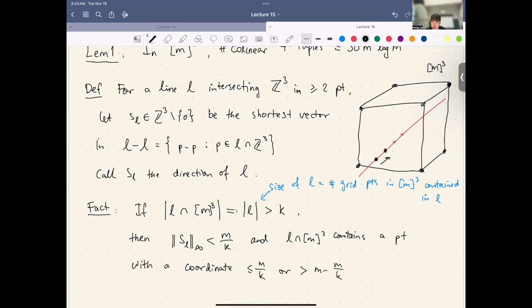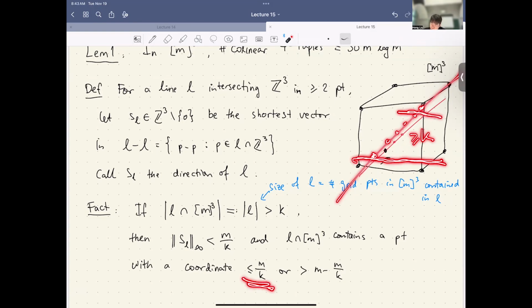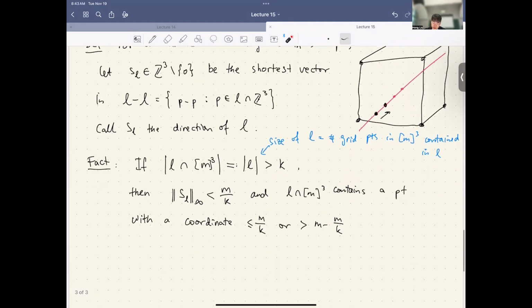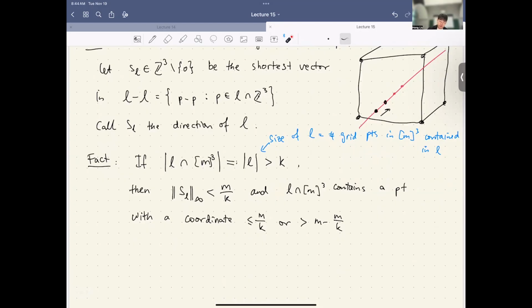This just means if a line intersects the cube in at least k points, then there must be a point that's very close to the boundary, either at the initial stage, less than m over k, or at the final stage, within m over k of the final height, which is m. If none of this is true, then you can make one more step. The line will have more intersection points.